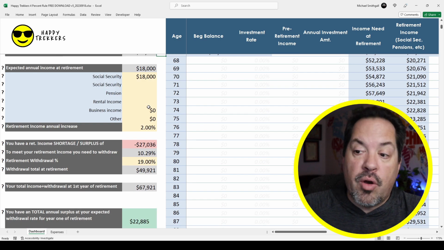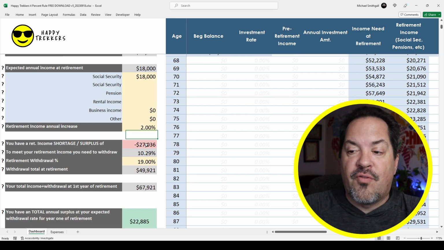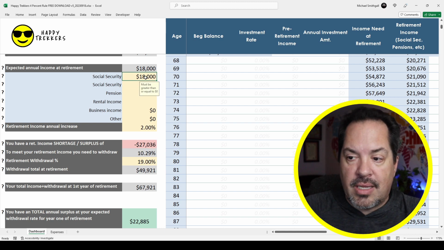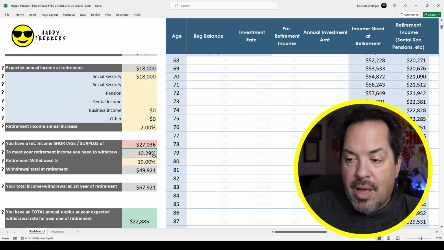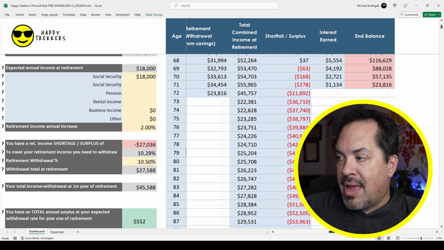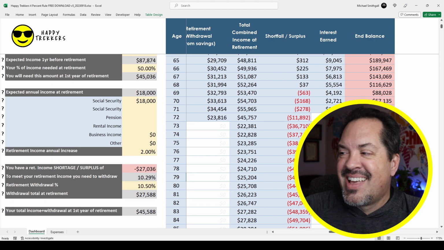Well, it says now you only have a shortfall of $27,000 based on you still having that same income of 18 grand, which means you only need to pull out just a little over 10%. So we're going to adjust this to 10.5 just to give us a little bit of wiggle room. And what does that do for our red? It actually doesn't help. It helps a little bit.